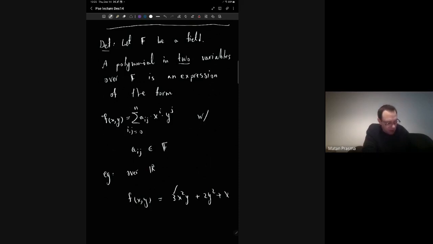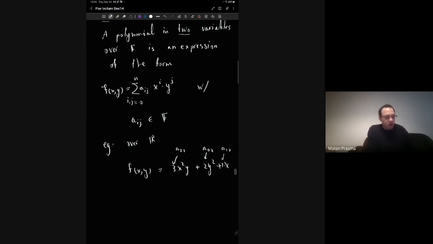So this 3 is what I denote as the coefficient a_21. And this 2 is the coefficient that I denote as a_02, because the power of x here is 0. And here the coefficient 1 is what, in my kind of bookkeeping, I call a_10. Okay?